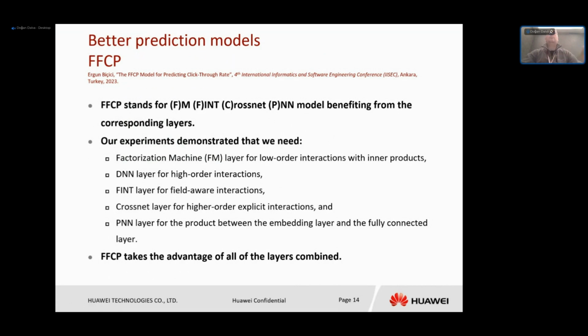So these are separate model layers from separate models, and their combination effectively achieves better performance on various data sets.